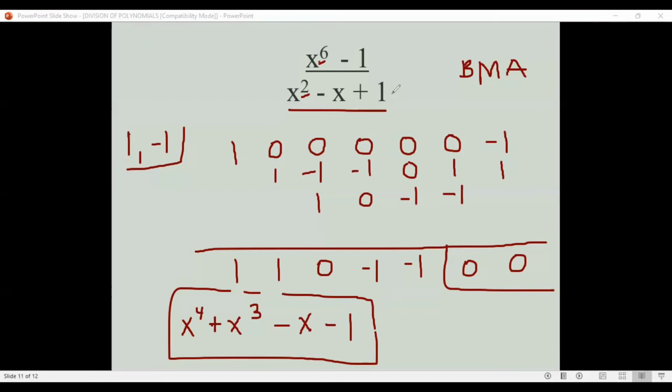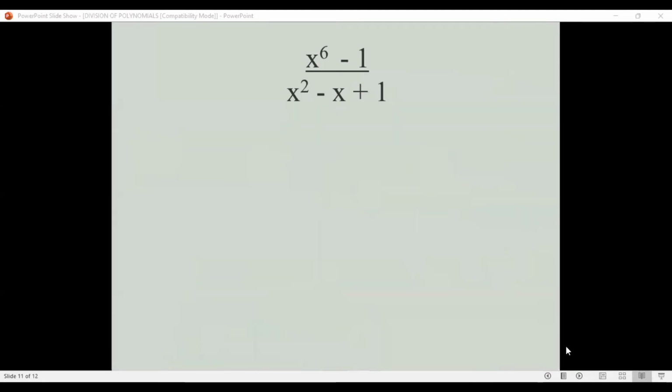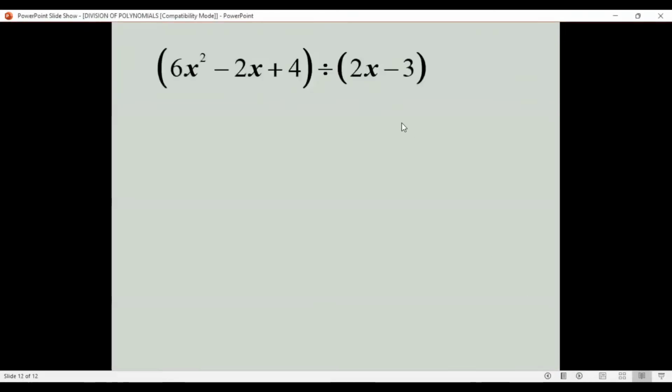Okay? Now, what if you have observed that all the leading coefficients in the binomials are all 1? Okay? So there is no problem with it. But what if there is a certain case wherein you are dealing with a divisor with a numerical coefficient of 2 and not 1, or any other number except 1.